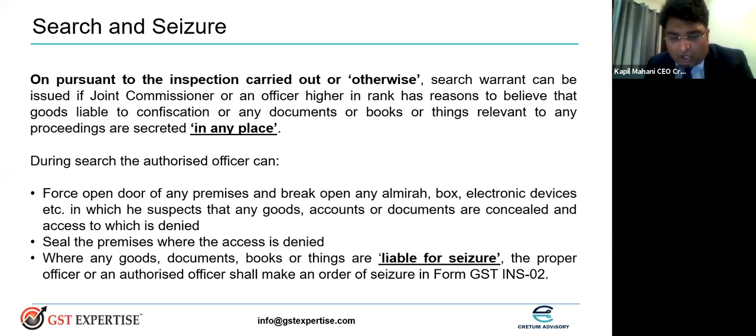Although they are not required to disclose the reason to believe, you are only required to ask what it is and under what specific powers they are coming. So they may come up with a specific notice that they have come to do the inspection.